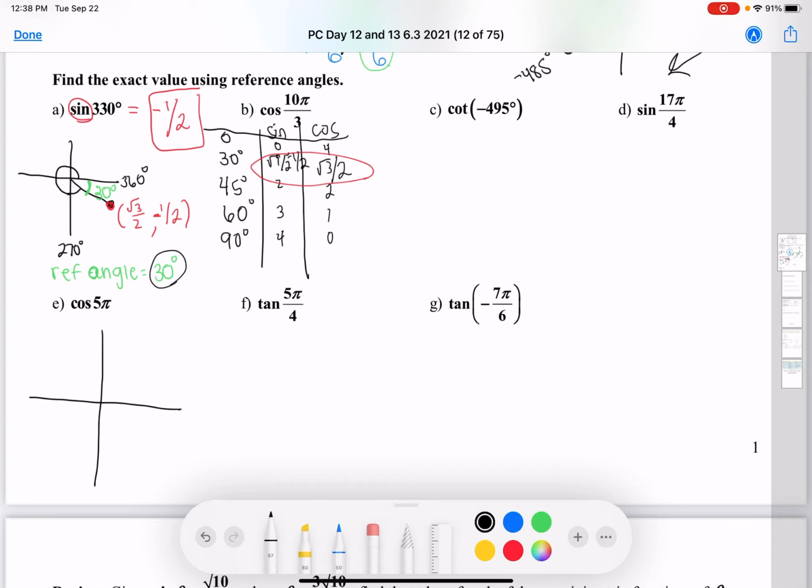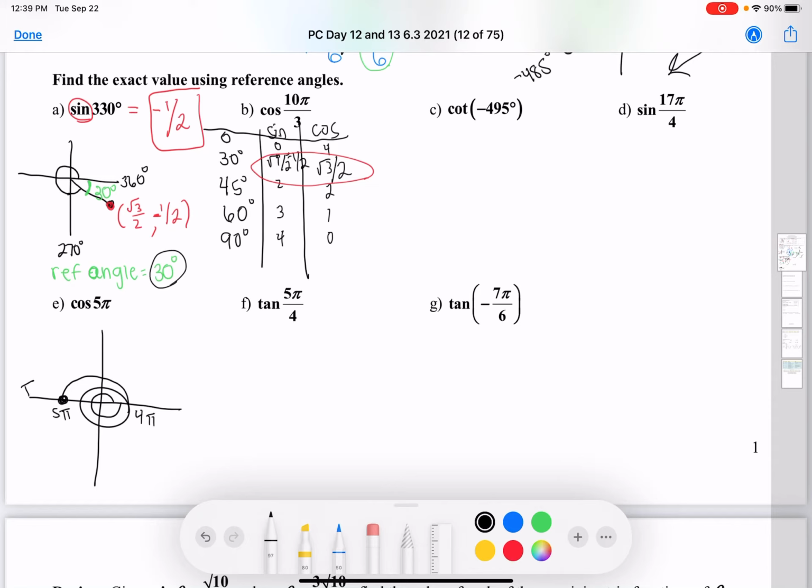So if I start on the x-axis, I go around once, that's 2 pi. Go around again, that's 4 pi. And then I need to go around one more pi. I need to get to 5 pi though, so add one more pi, and we end up here. All right, so there's our 5 pi, and that's also the same as just pi, right?